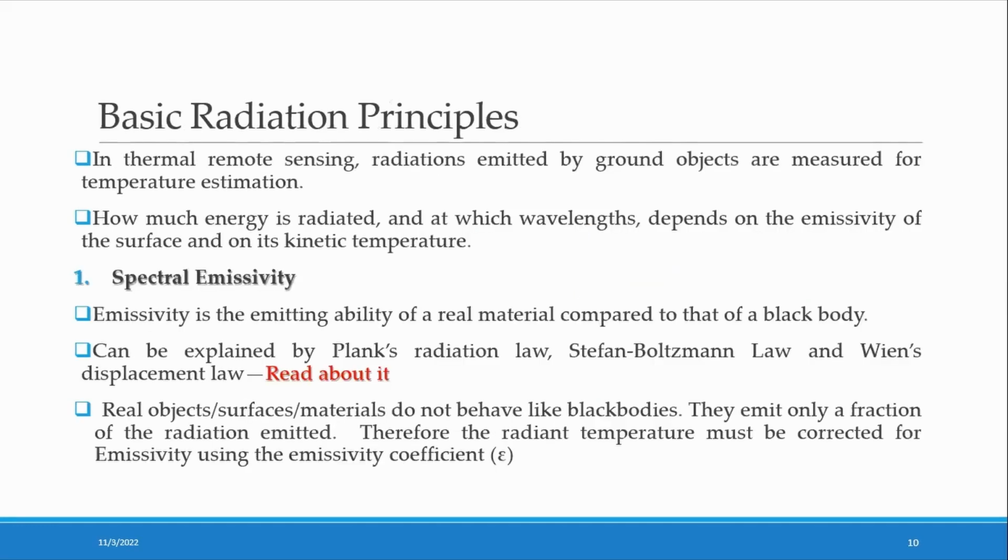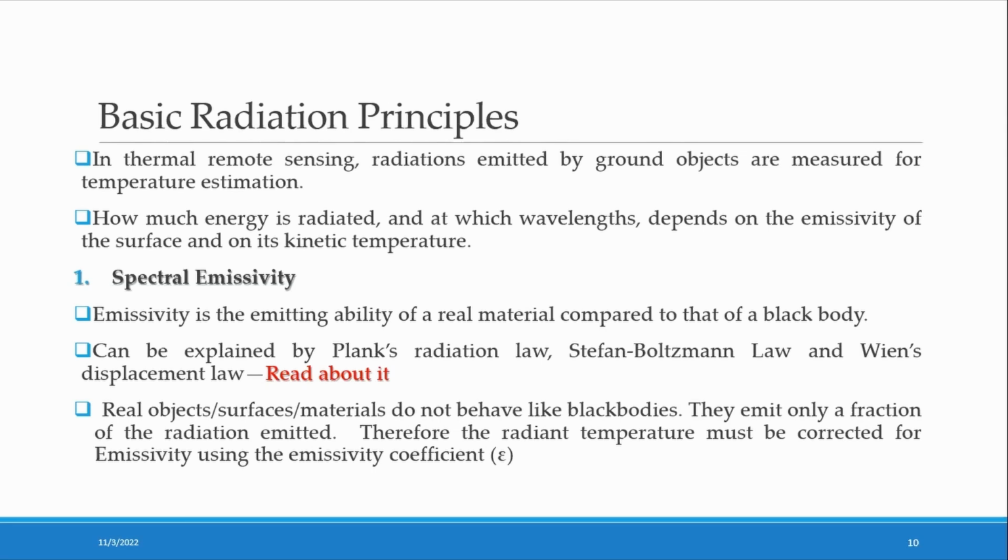Yeah, so the radiation principles that we are going to look at today are mainly two. However, I will implore you to read more to understand these radiation principles. So, as we said within the introduction, the emitted radiation is determined by the kinetic temperatures of the objects that are emitting this radiation.